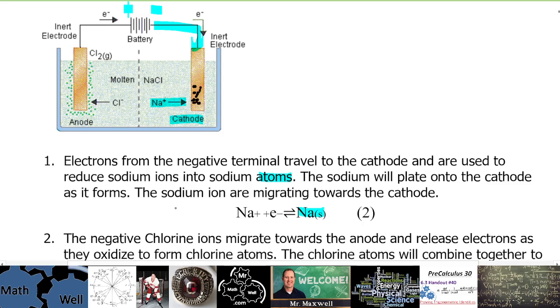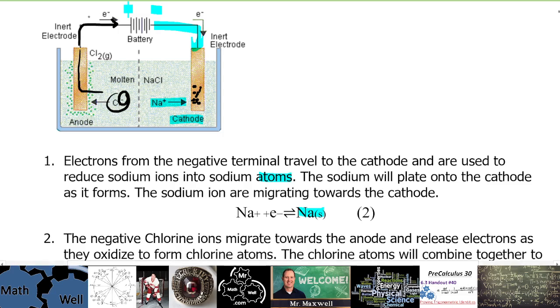Second, the negative chloride ions migrate towards the anode over here and release their electrons. Remember, electrons are now being pulled from this external source, from this electrode, so from the solution. The chloride ions have extra electrons, negative, and so they're donating their electrons, and they are oxidized to form chlorine atoms.